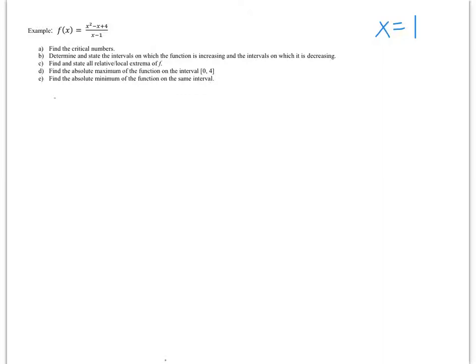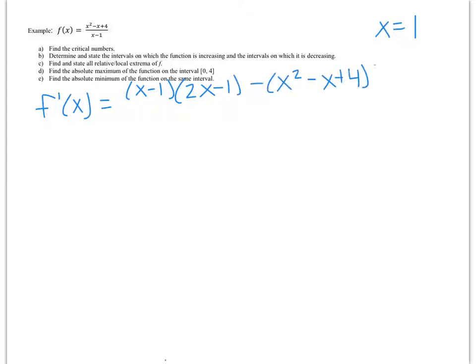So I'm going to find my derivative, f prime of x, so that's low times the derivative of the top, minus the top times the derivative of the bottom, all over the denominator squared. I'm going to clean this up just a little bit.